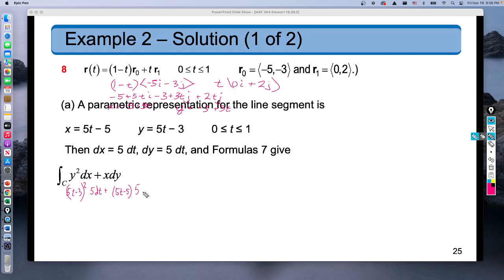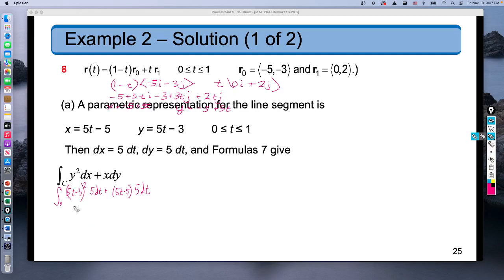This is integrating from 0 to 1. And let's see, what can we do? Well, we can factor out a 5 dt, then we would multiply these together. We've got this thing squared, is that right? y squared.